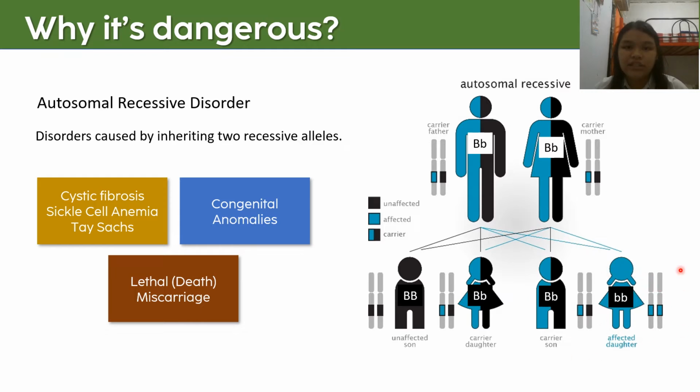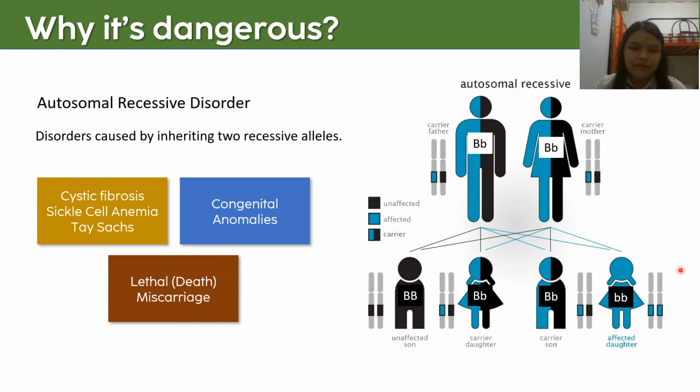And if this continues to the next generation and the next generation, there might be a chance that both of the parents have autosomal recessive disorder, and that means all of their children will have recessive disorder too. And we don't want that.